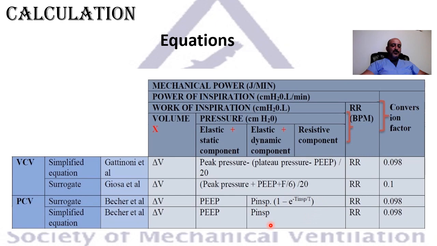Again, they tried to simplify it by only changing tidal volume, multiplied by PEEP, multiplied by inspiratory pressure. And there was another simplified equation also, called the 4DPR, which I'll put in the references at the end of this.